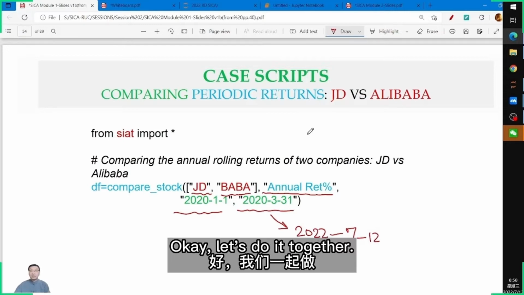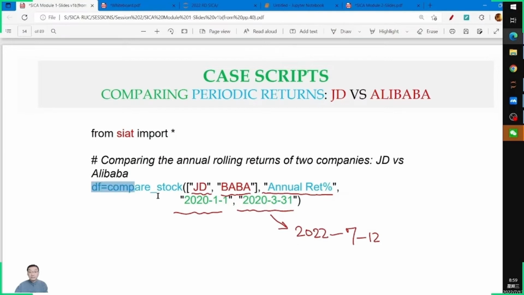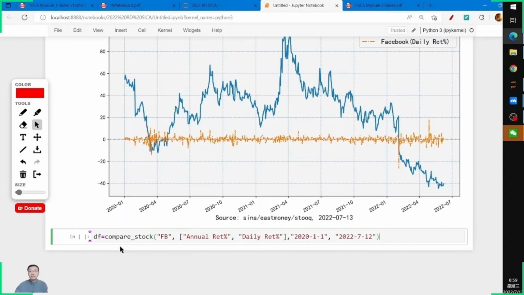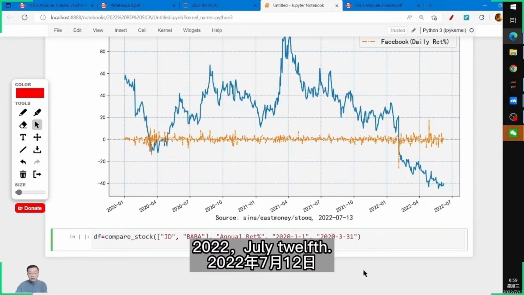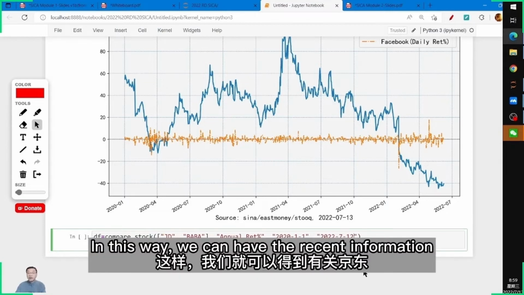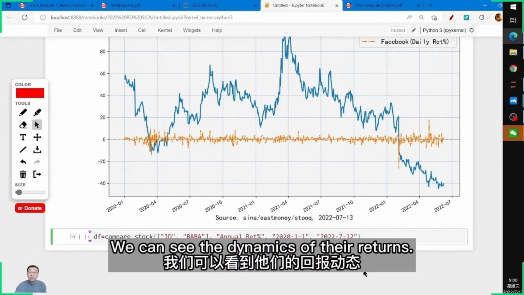Okay, let's do it together. In this way, we can have the recent information about the trend of returns between Jingdong and Alibaba. We can see the dynamics of their return.